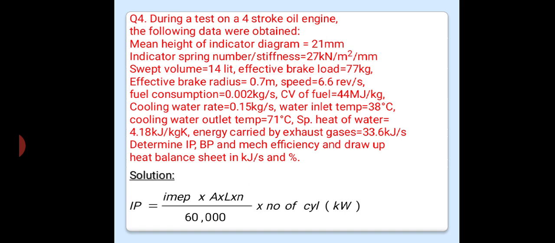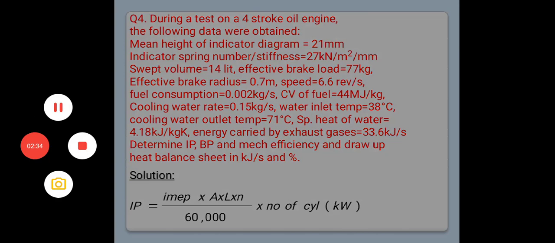In this problem, the important parameters we have to find are indicated power, brake power, and mechanical efficiency. First, we are going to calculate indicated power. We have the formula for indicated power: IP is equal to IMEP L A N divided by 60,000 into number of cylinder. Now, in this problem, they have not mentioned the mean effective pressure.